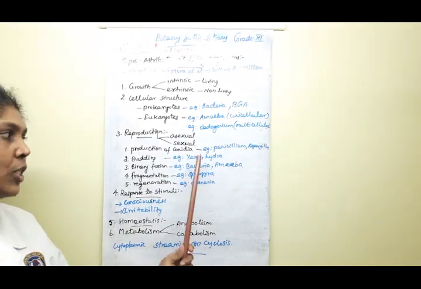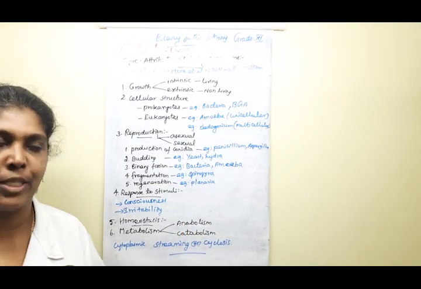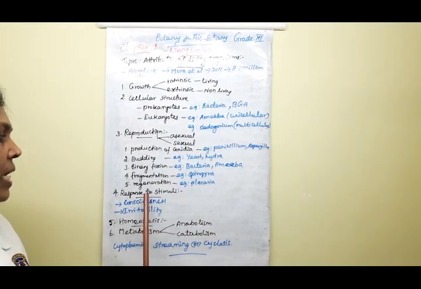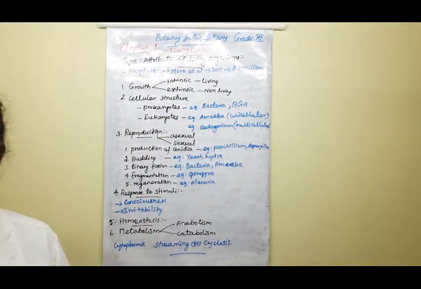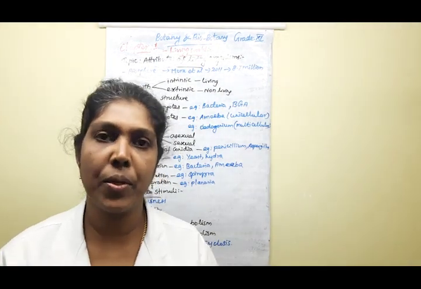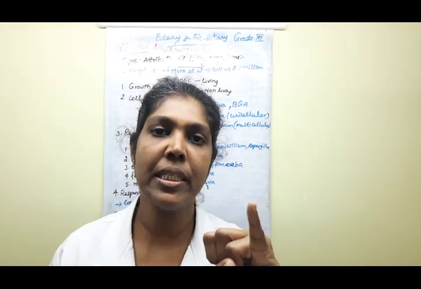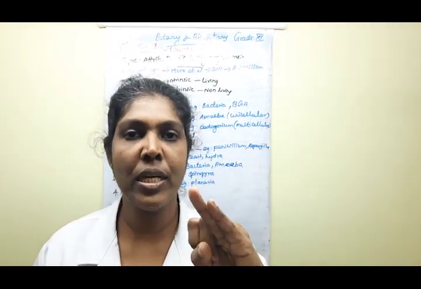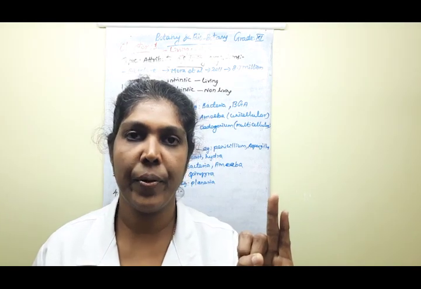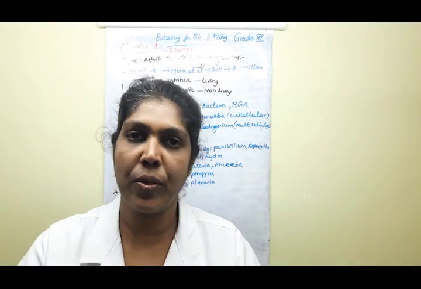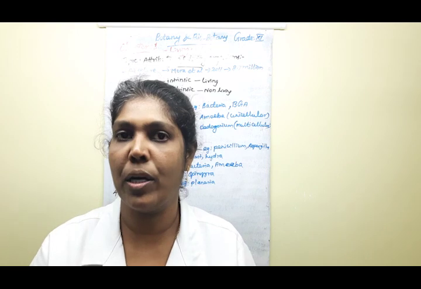Understood, children? This is also one of the three-mark question answers. Next, response to stimuli. It's very important for the two-mark question, children. One is consciousness and the next one is irritability. These are the two-mark questions to prepare in this part.